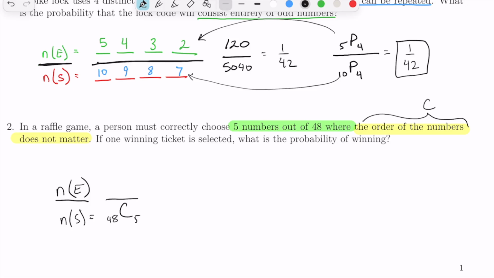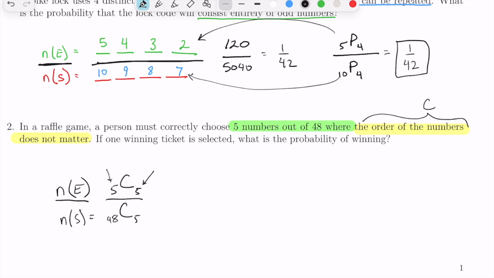Now, as far as the top goes, this might seem a little bit strange, but it's actually going to be 5C5. You might say, wait a minute, I understand where 5 came from. We're choosing 5 numbers, right? We're choosing 5, so that one makes sense. But why do we have a 5 in the front here? That's because these 5 numbers are the subset of the winning numbers.